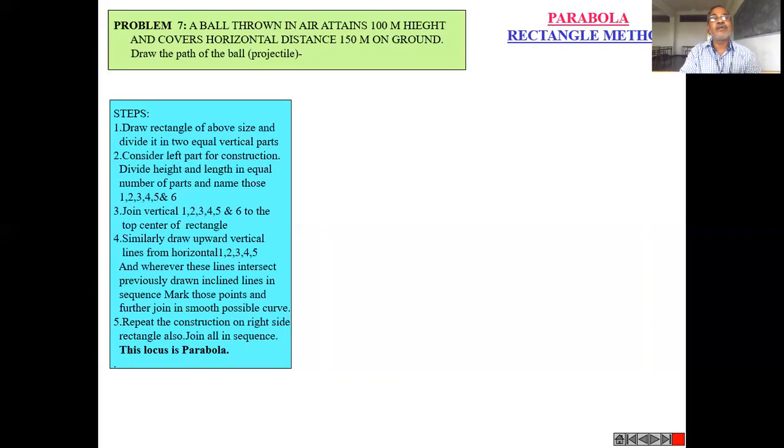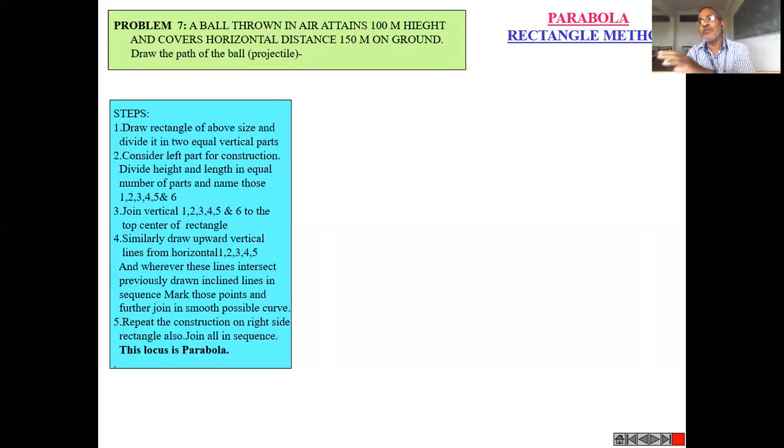But here, look at the sizes: 150 meters, the horizontal distance covered by the ball throw. 150 meters should be reduced in such a way that our drawing sheet is sufficient to represent this event. What is that event?